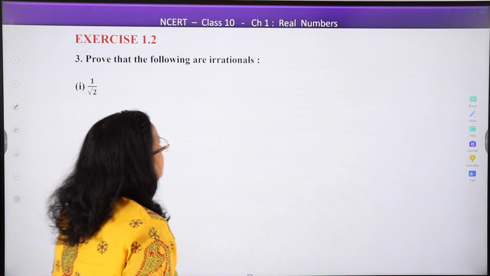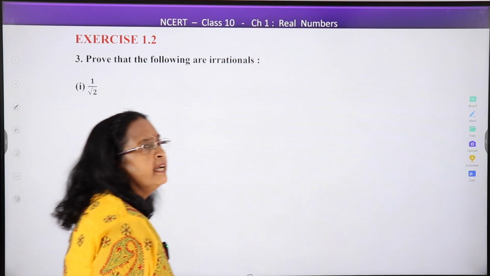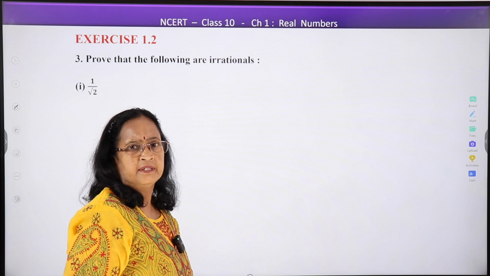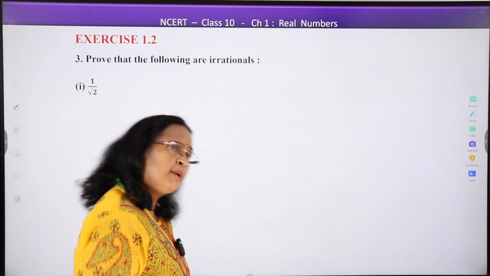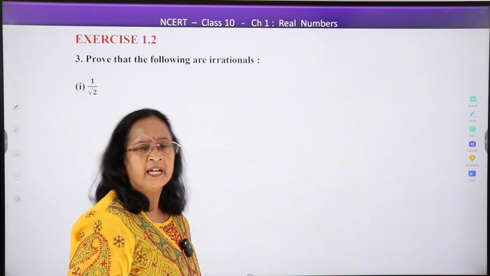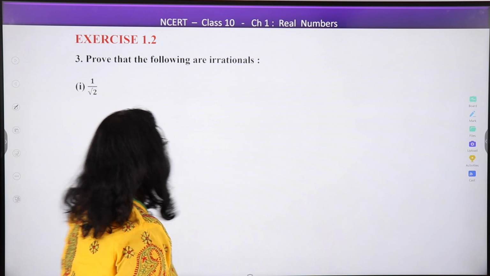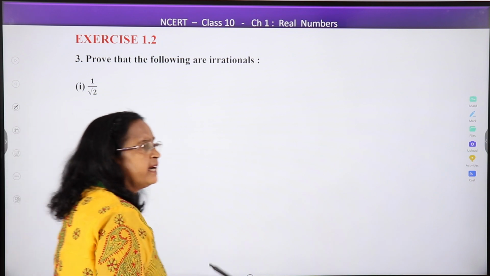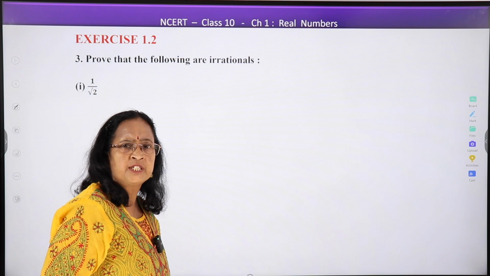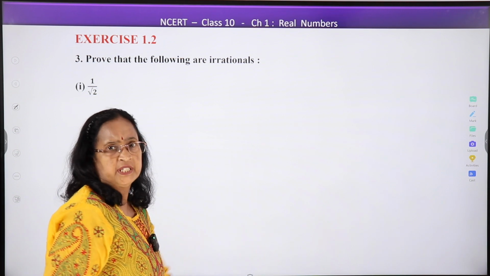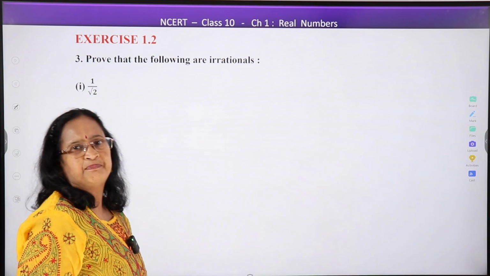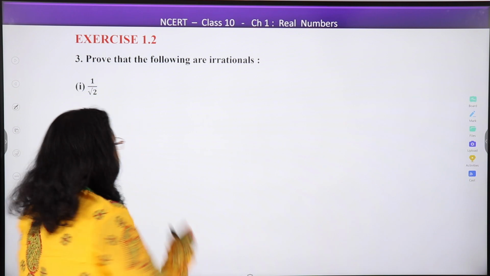Prove that 1 by root 2 is an irrational number. Again here it will be given root 2 is an irrational number. So assuming that it is given root 2 is an irrational number, let us prove this. So what is the first step, children? Correct.